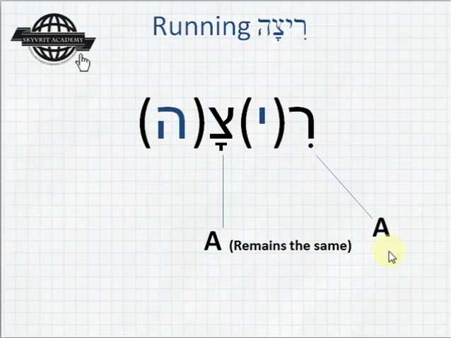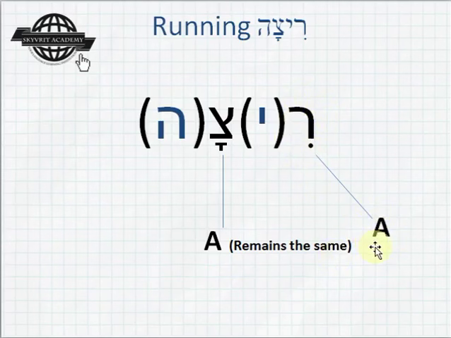In Hebrew we would say kamatz, and tza is already in an ah sound, so it remains the same. So whenever you see this e sound as part of this group, you will want to change it to ah.